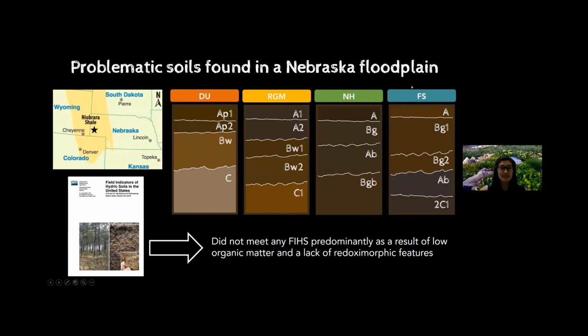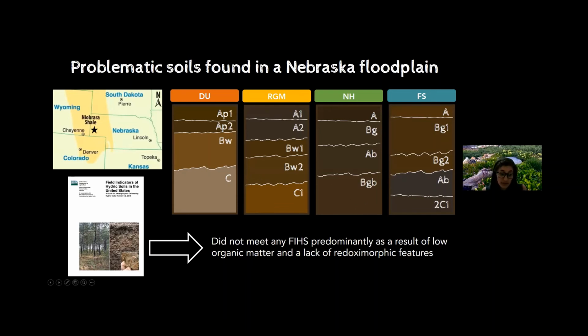This became a case on the greater North Platte floodplain located in Nebraska, where the NRCS back in 2016 identified these 4 sites just east of the Wyoming area, in Scottsbluff and Sidney, Nebraska.